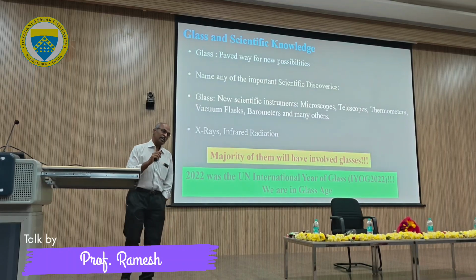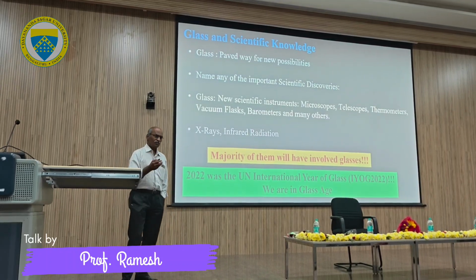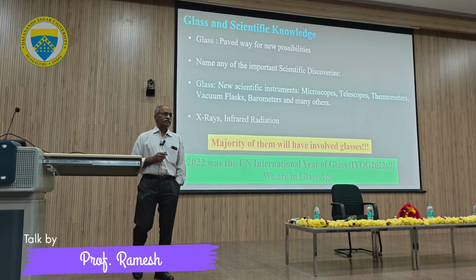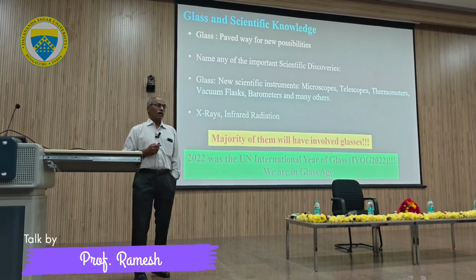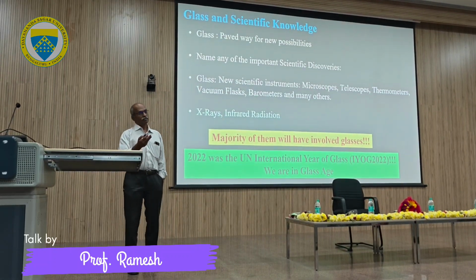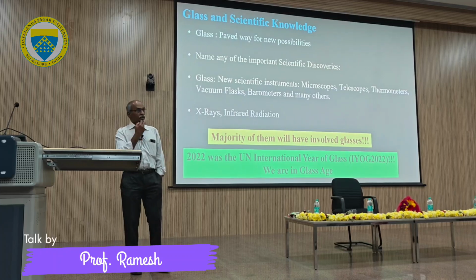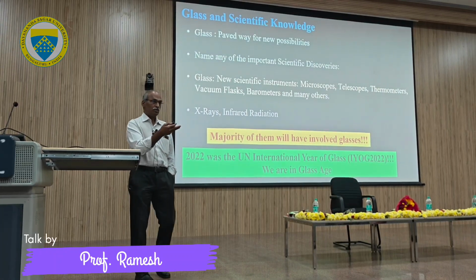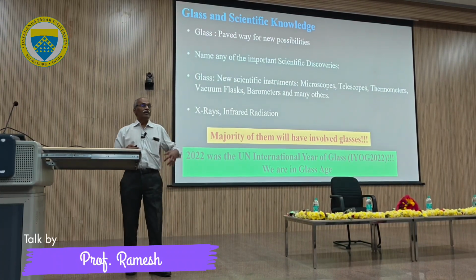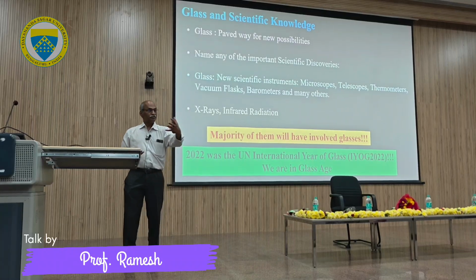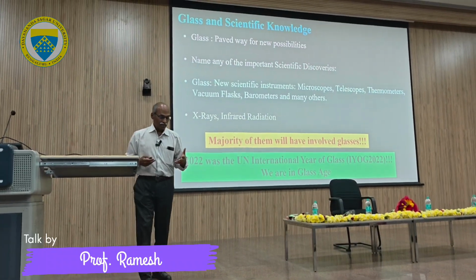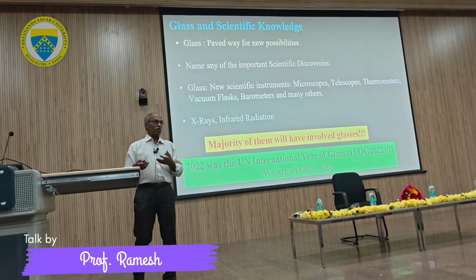Glass made the scientific discoveries very, very easy. For example, X-ray was discovered, and glass has helped actually to discover the X-rays, because Röntgen was studying the gas discharge properties of gas.